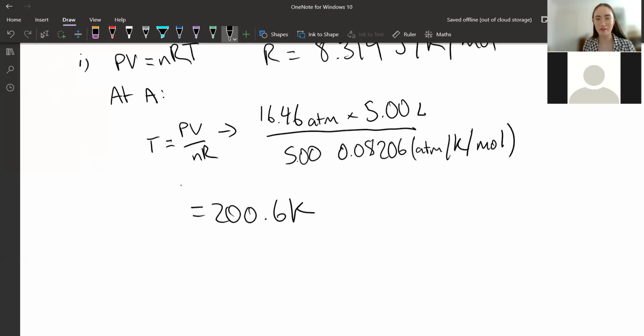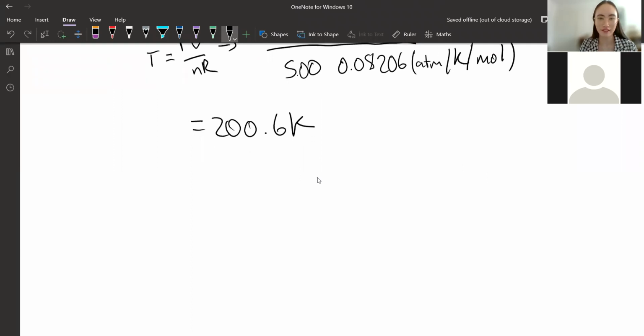Alternatively, you can convert everything into SI units, or you can Google it, find the form of that R value in terms of the weird units. But yeah, those are the numbers.